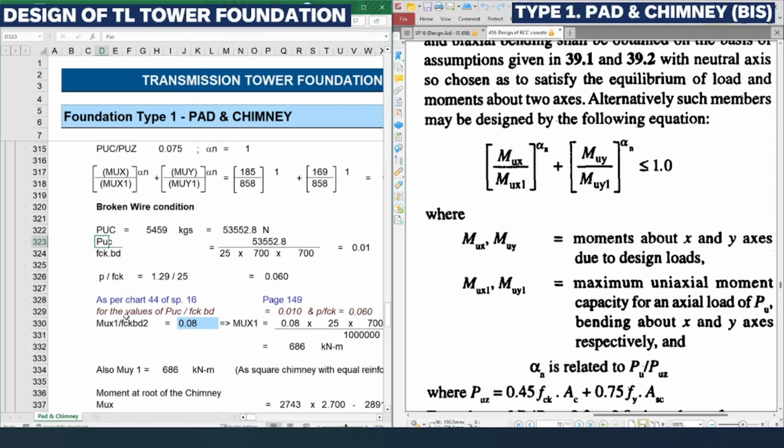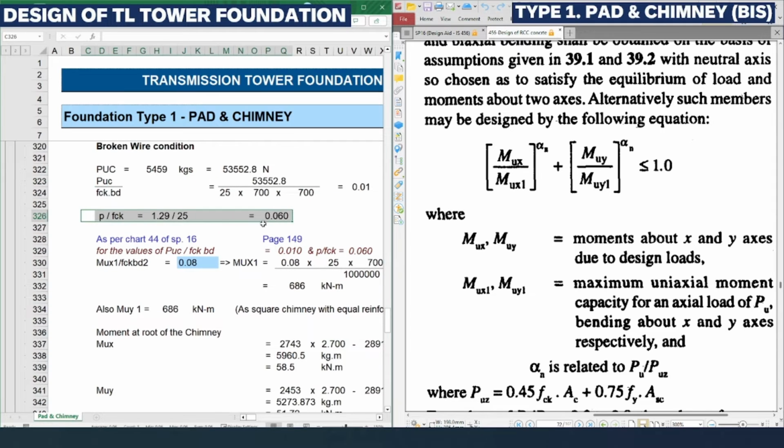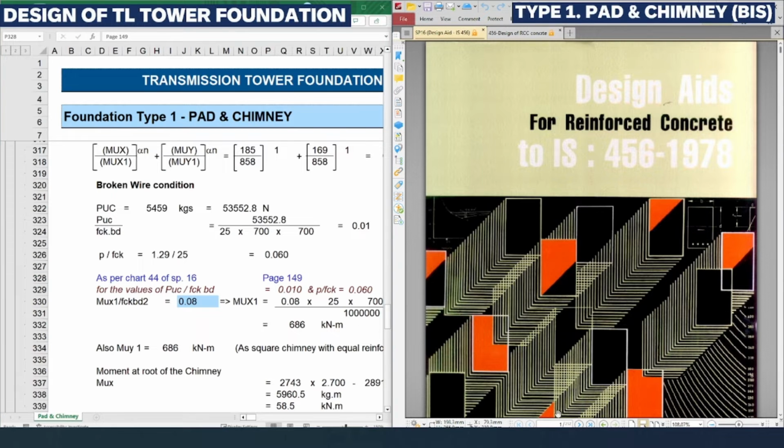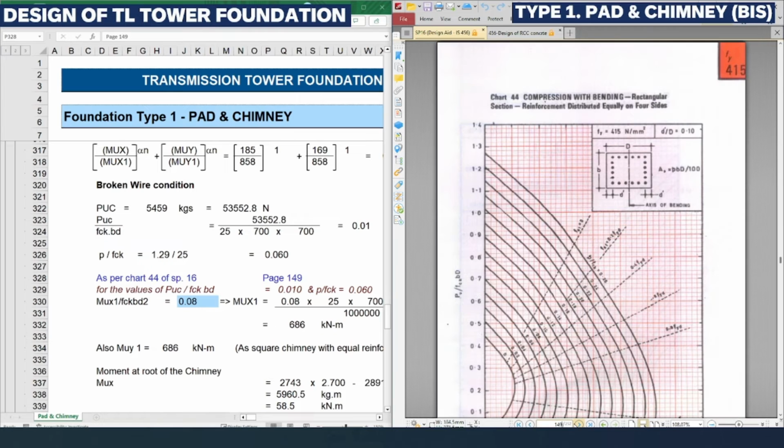Again we need to refer chart 44 in SP16, so page number 149. So this chart we need to refer.